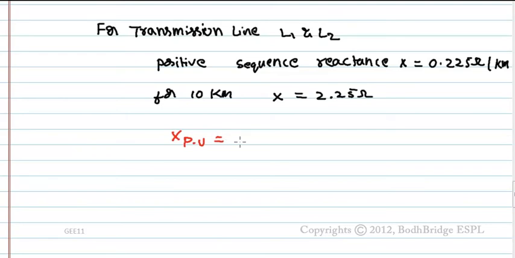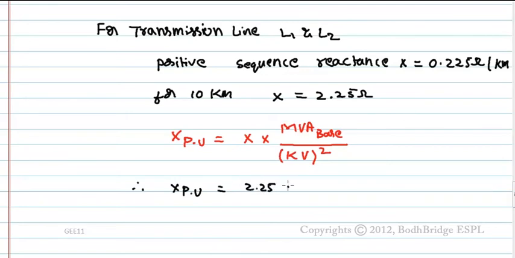X per unit equals X into MVA base by kV square. Therefore, X per unit equals 2.25 into 100 by 15 square, which equals 1.0.